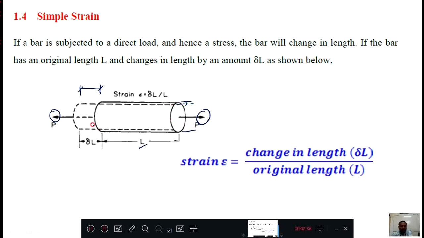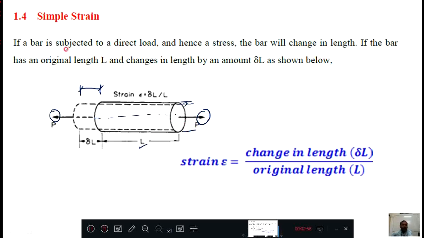Therefore, the change in length in the lengthwise direction we will call change in length in the longitudinal direction, and in the other direction some diameter is changed, that we will call change in dimension in the lateral direction. Lateral is perpendicular to the load applied.